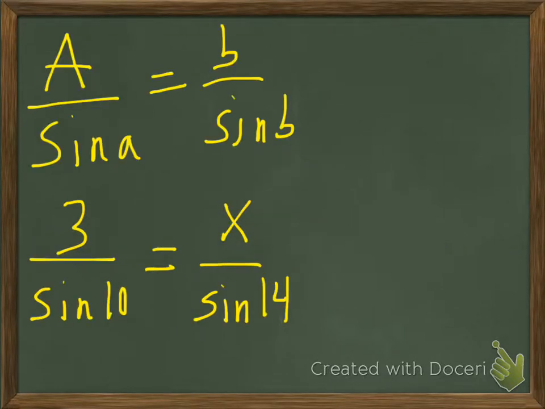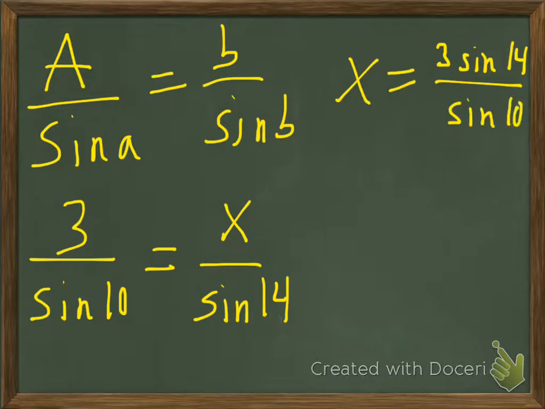And then if you solve for this, you get that x is equal to 3 times sine of 14 over sine of 10. So x is equal to about 4.17. And obviously you don't want to use this rounded number in your calculations. You need to store it in your calculator for later use. Okay, and then plug it back in.